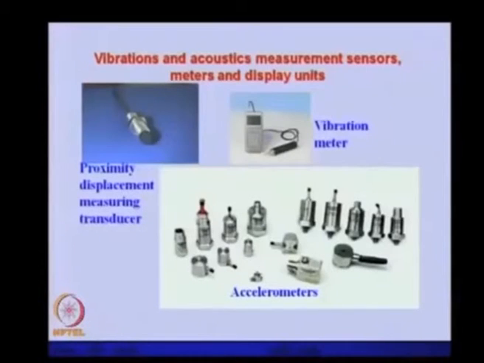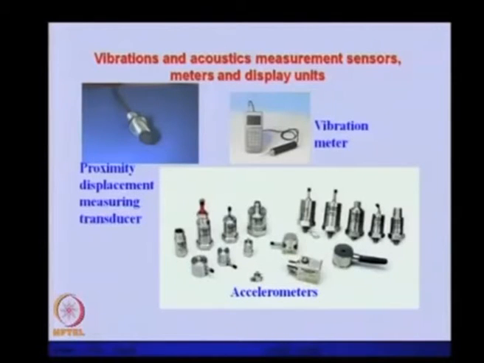Then to collect this data, we have various kinds of sensors. Here we can see one of the displacement measuring proximity probes. There is a variety of accelerometers, basically piezoelectric based accelerometers, which give a vibration signal, a voltage signal proportional to the acceleration of the body on which they have been mounted.